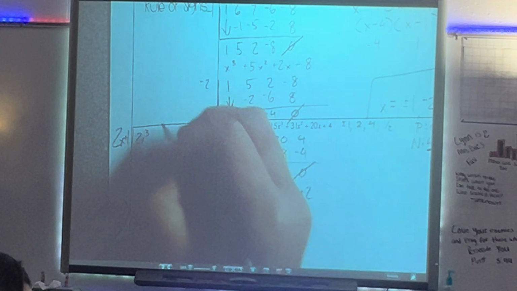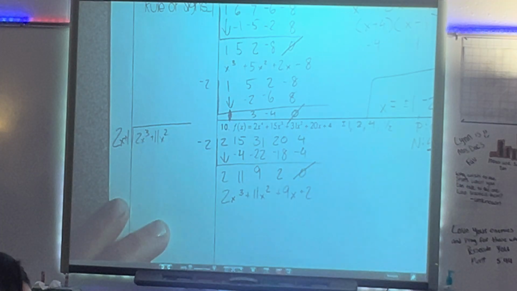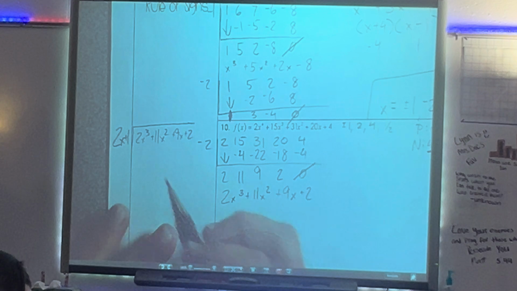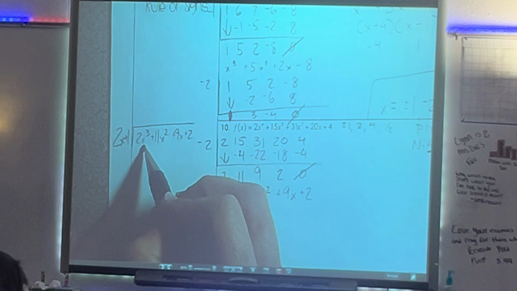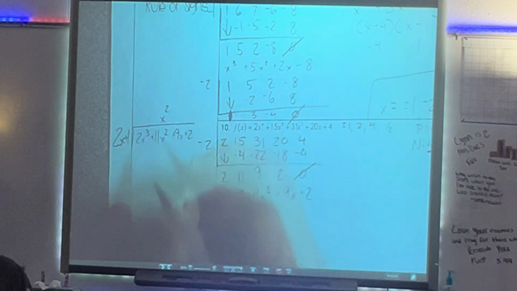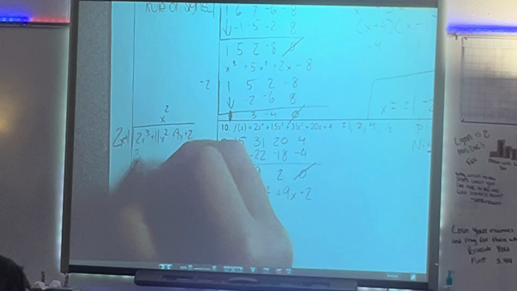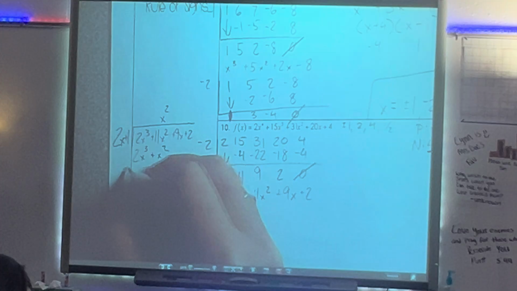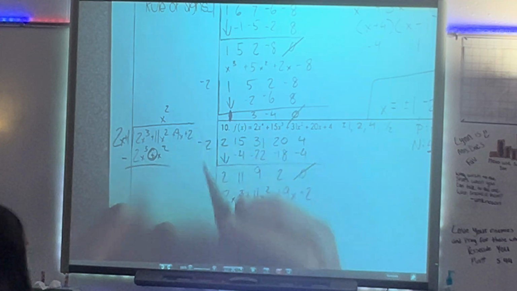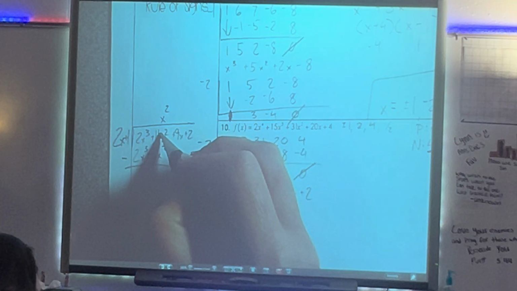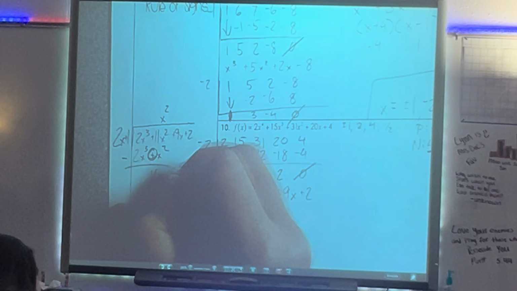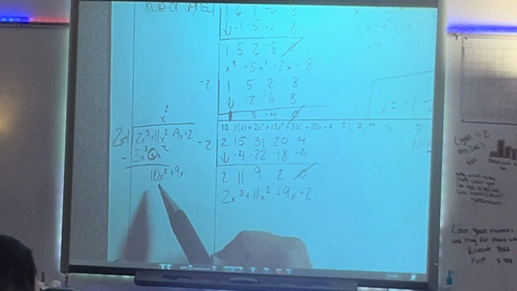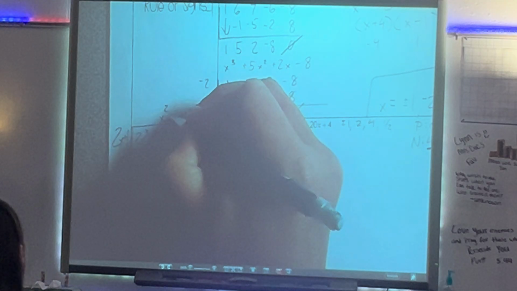2x cubed plus 11x squared plus 9x plus 2. And 2x into 2x cubed is going to give me x squared. So that gives me 2x cubed plus 1x squared. But remember, we make the sign changes there. So it's going to be 11 minus 1, which is going to be 10x squared plus 9x. 2x into 10x squared is going to give me 5x.